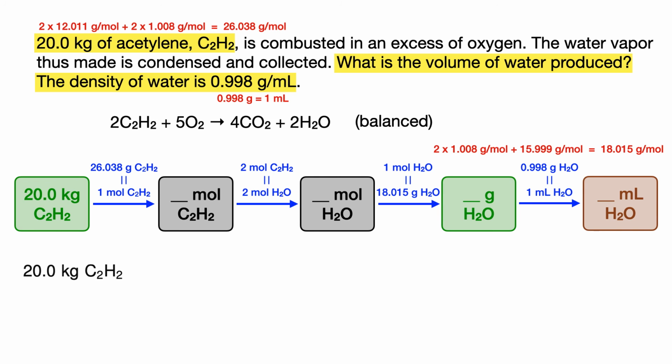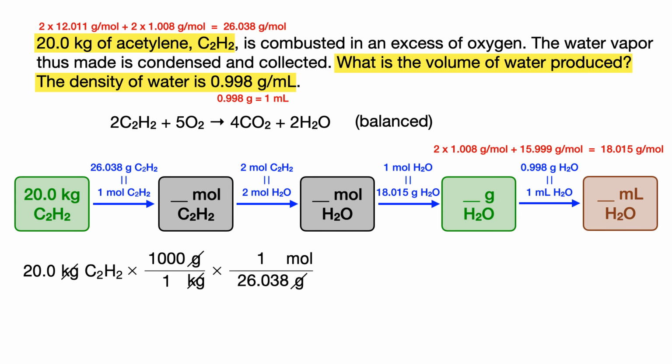So we've got 20 kilograms of C2H2. We need to convert that into grams, using 1 kilogram is 1,000 grams. Kilograms will cancel. Now we want to go from grams of acetylene to moles. And there we use the molar mass, that 26.038 grams of acetylene is 1 mole of acetylene.